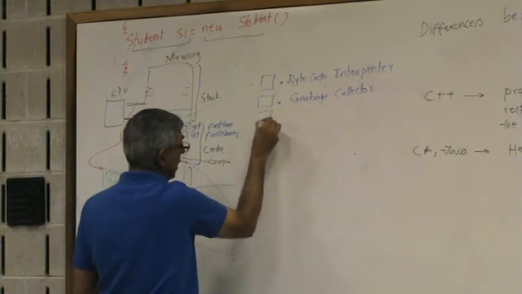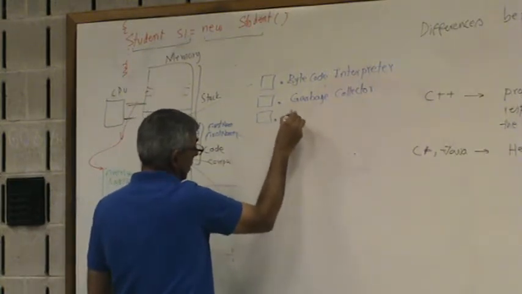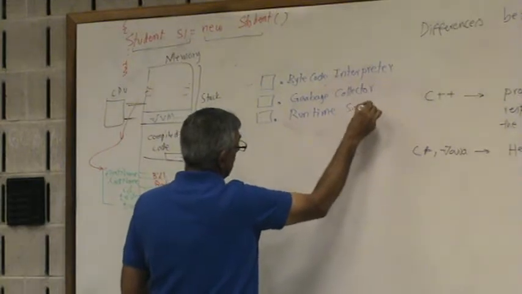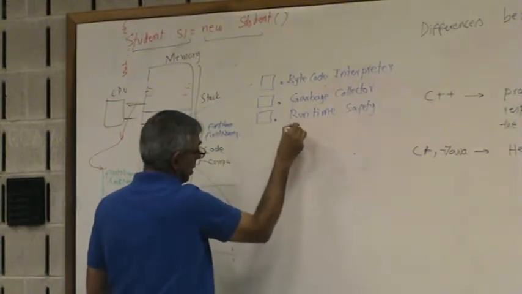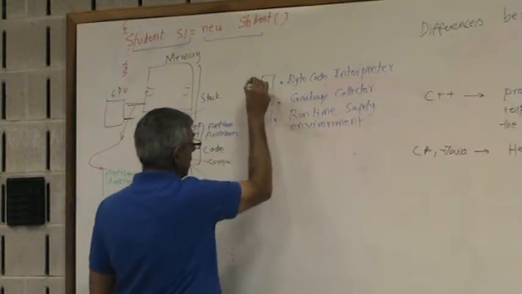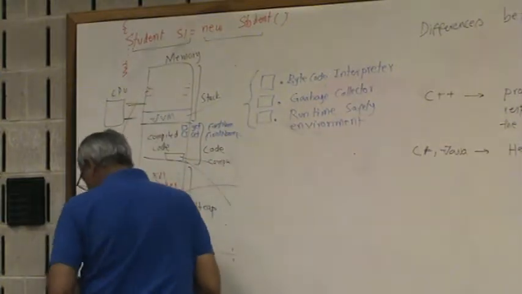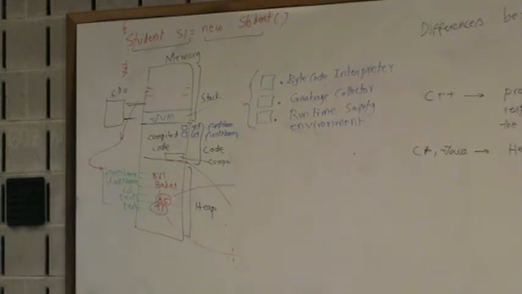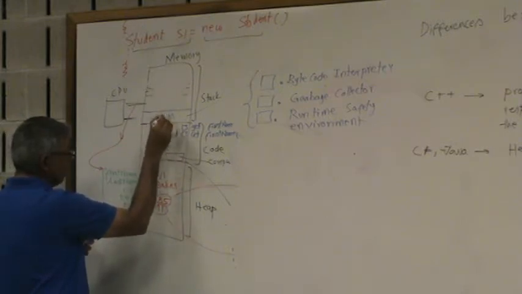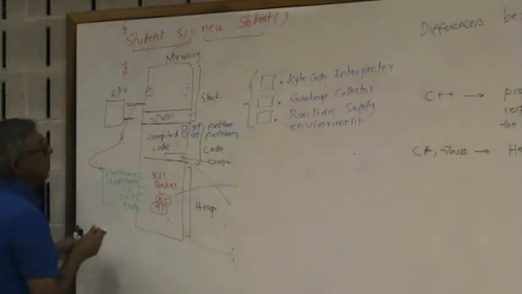And the third part is runtime safety environment. Okay, so in order to run a Java program as an example, you have to load JVM, which stands for Java Virtual Machine, in the memory of the computer.